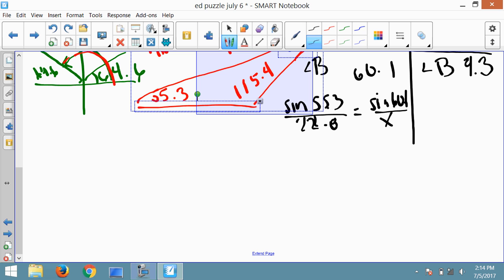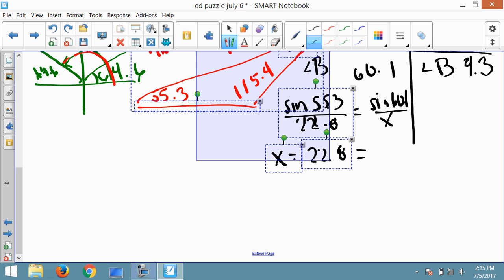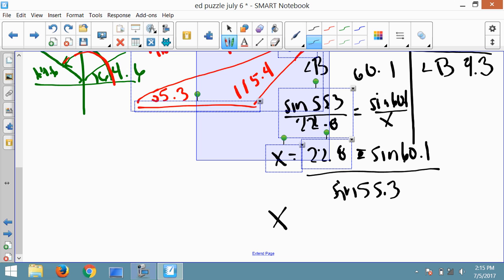And when I cross multiply, I'm going to get x equals 22.8 times the sine of 60.1 over the sine of 55.3. And we get an answer of 24.04.